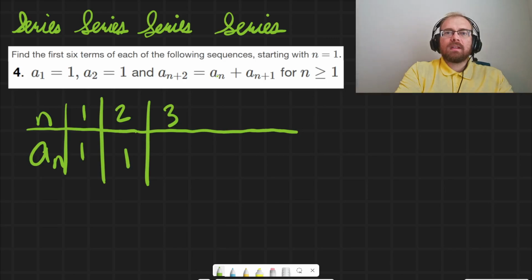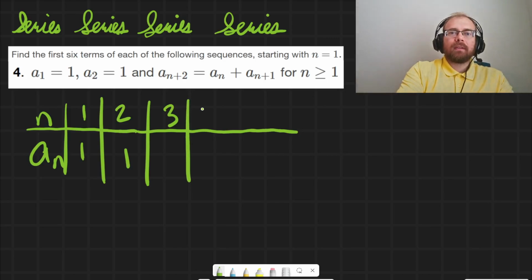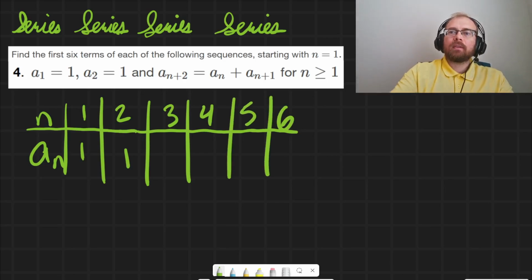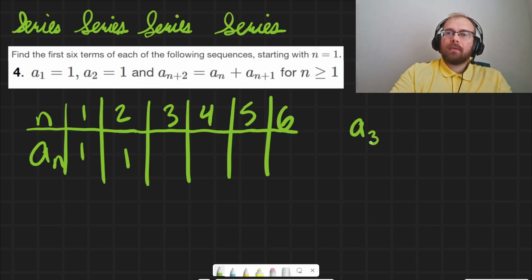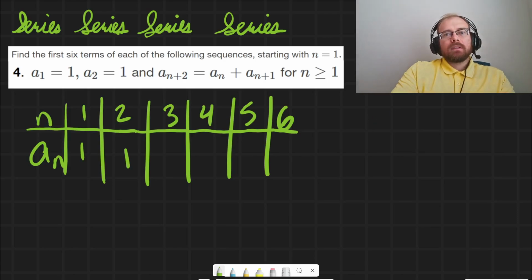So this is going to be, let me write this off to the side here. We want 3, and we want all the way up to 6, right? So 4, 5, and 6. If we want 3, it would be a sub 3. So we want n to be 1.